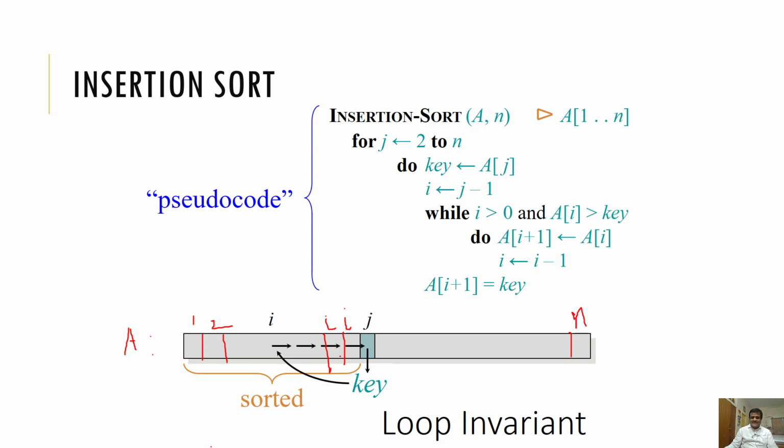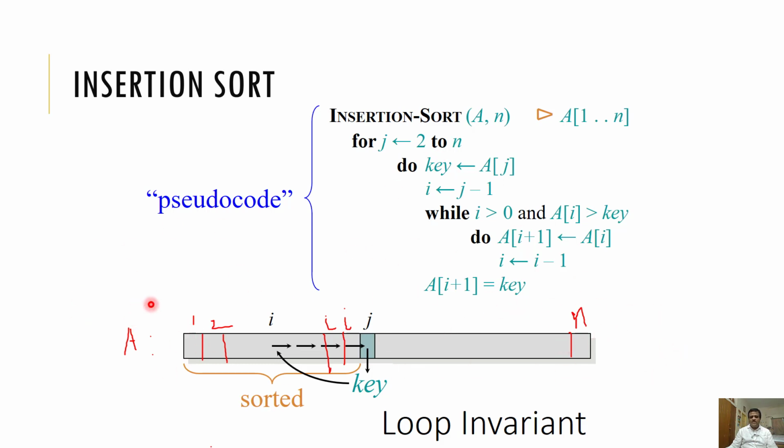If this is still less than, then we have to again shift it here, and we keep on doing this until we reach the situation where the key is greater than, and we can insert it. Otherwise, it may happen that we reach the beginning of the array. So, this is the loop invariant for the jth loop, and this will continue up to n. And then after n it will give us the sorted array.